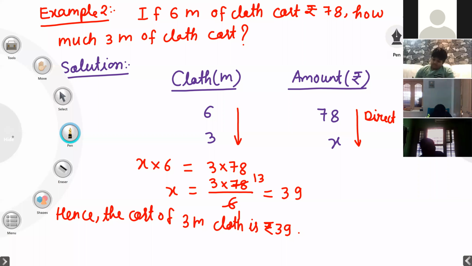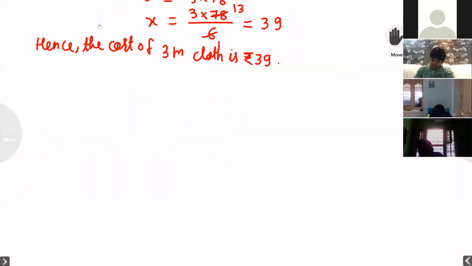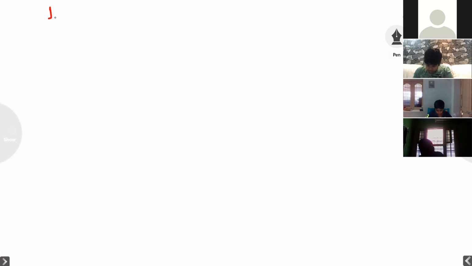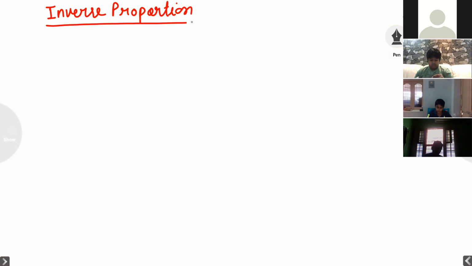Inverse proportion. Inverse means opposite.